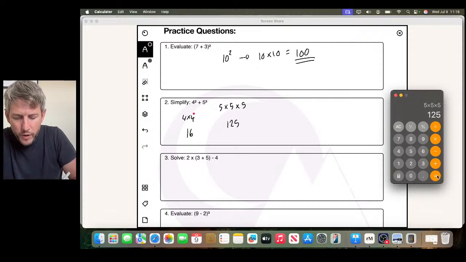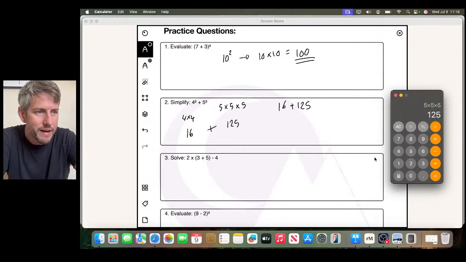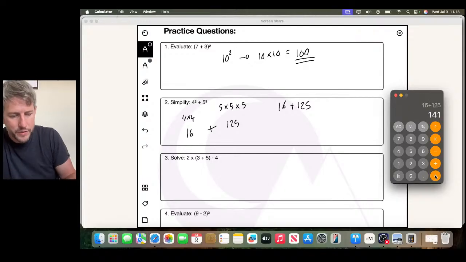So now 4 squared is 16, 5 cubed is 125, and we've got to add these two together. 16 add 125 on the calculator, and the answer to this one will be 141.